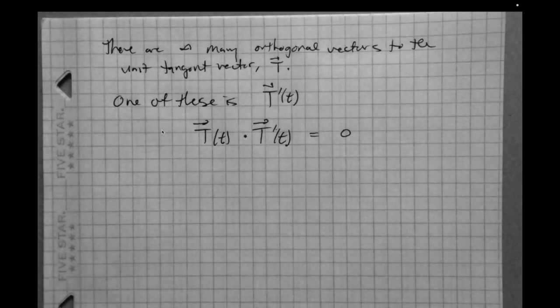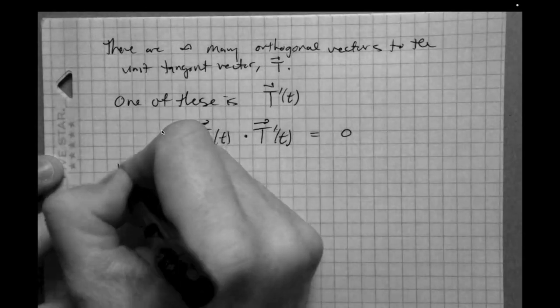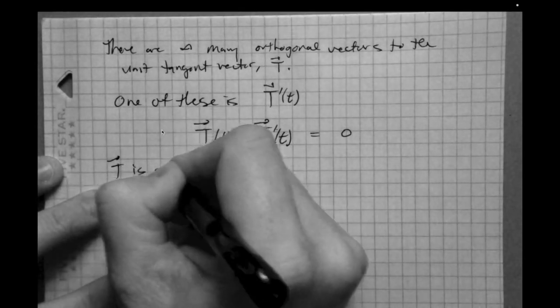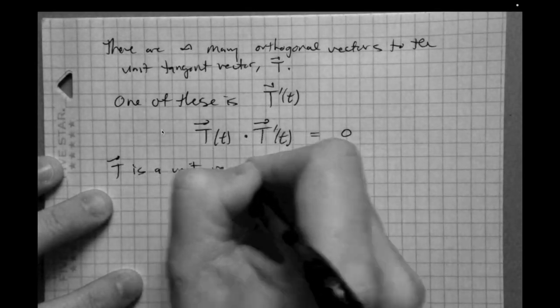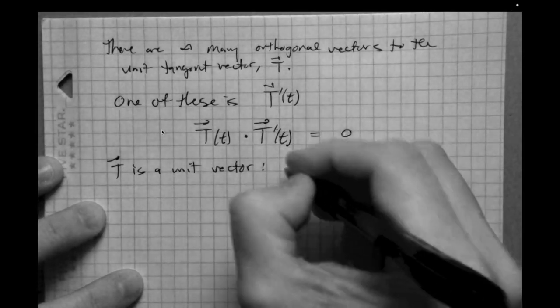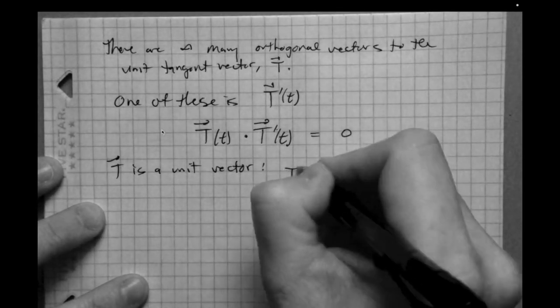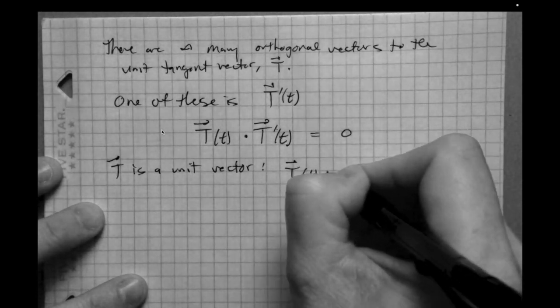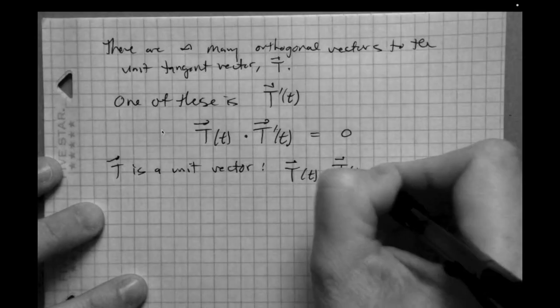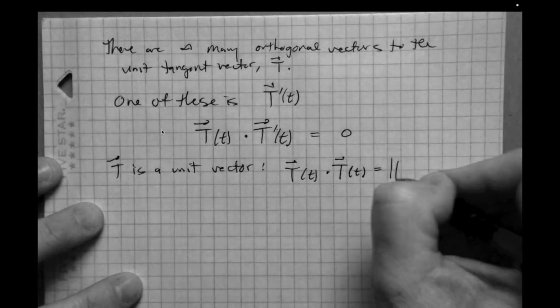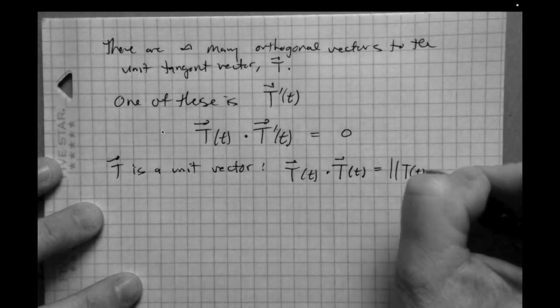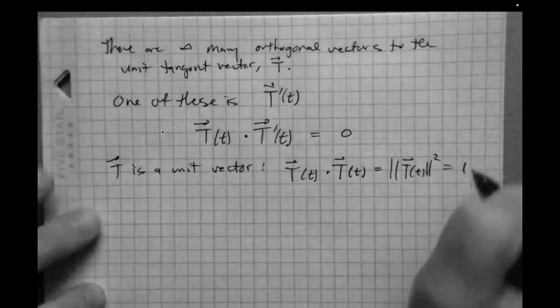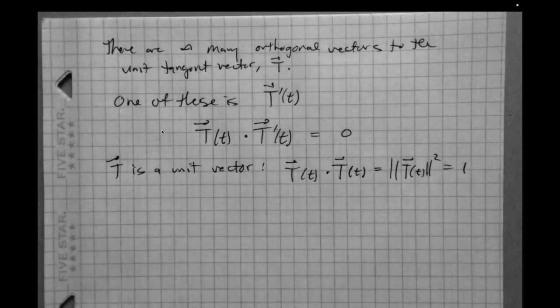We know also that T is a unit vector. How do we know that? Well, we kind of built it that way, but specifically that means that if we dot it with itself, we get the norm squared, which is 1 in the case of a unit vector.